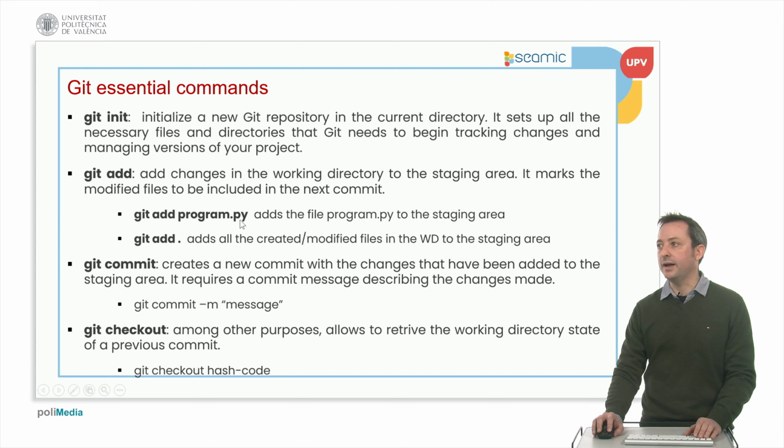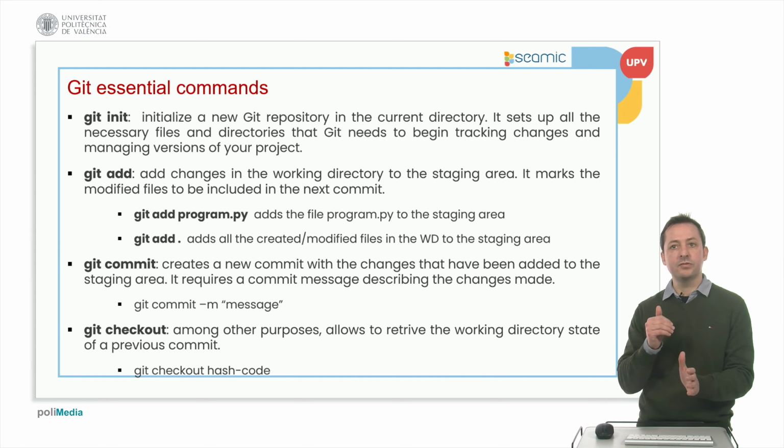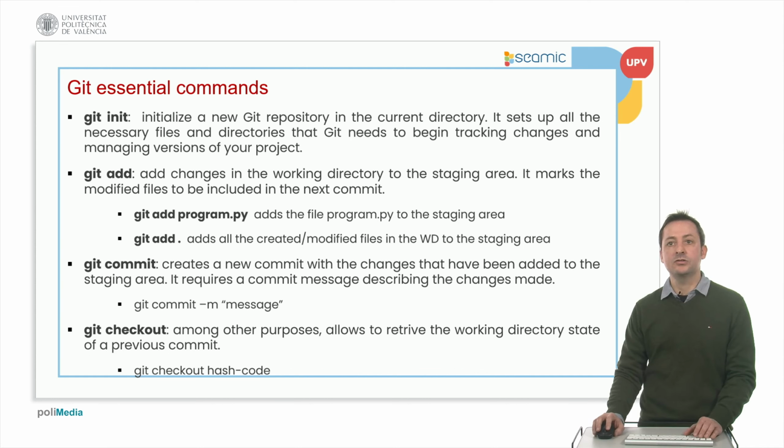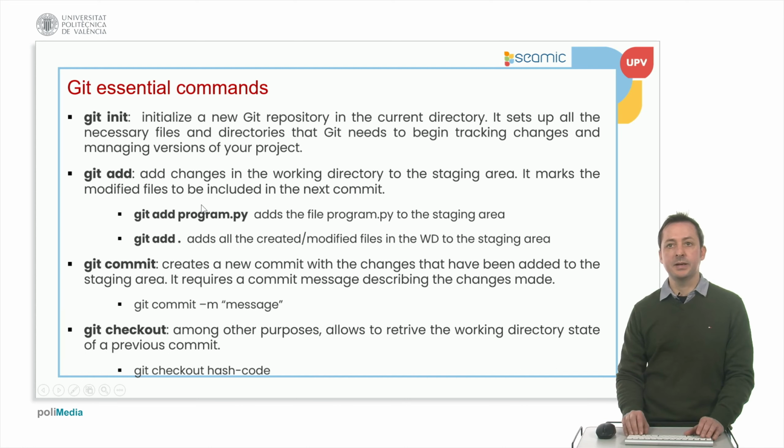It's important that these files should be files that are created or modified from the previous commit. Otherwise, we cannot add files that have not been changed from previous snapshots. Or we can use the dot symbol in order to add any file that has been created or modified.